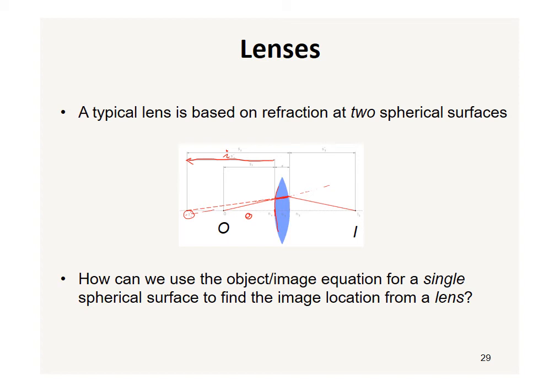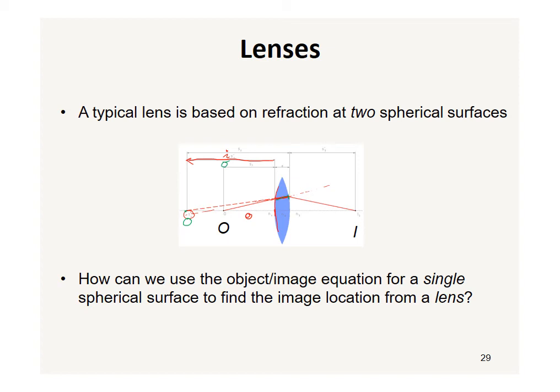What we then do is apply this exercise a second time. Now we call this our object, and we just consider this ray here, which behaves as though it came from over here.